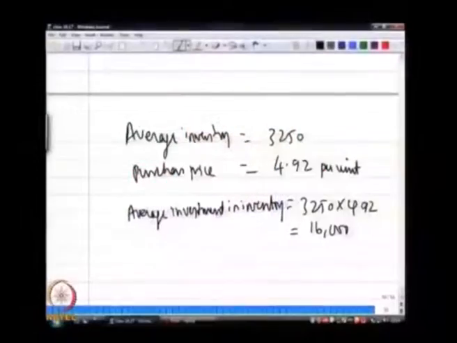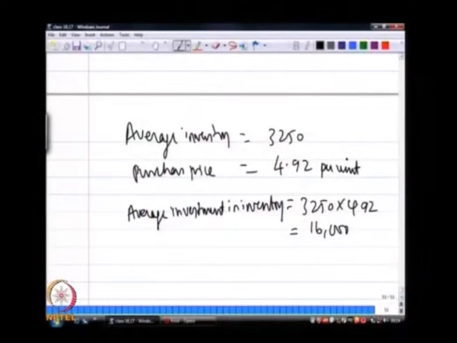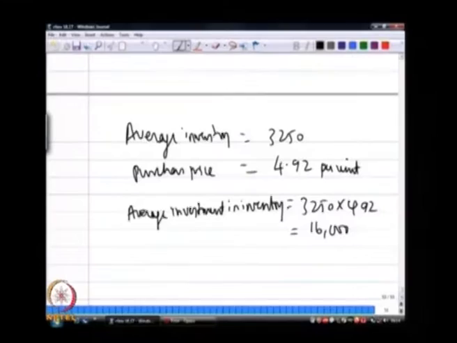The 3250 is the average inventory, but actually the peak inventory is 6,500, as a result of which the working capital requirement will vary from the highest possible 32,000, which is 6,500 into 4.92, to as low as 0, which means I do not need any working capital.